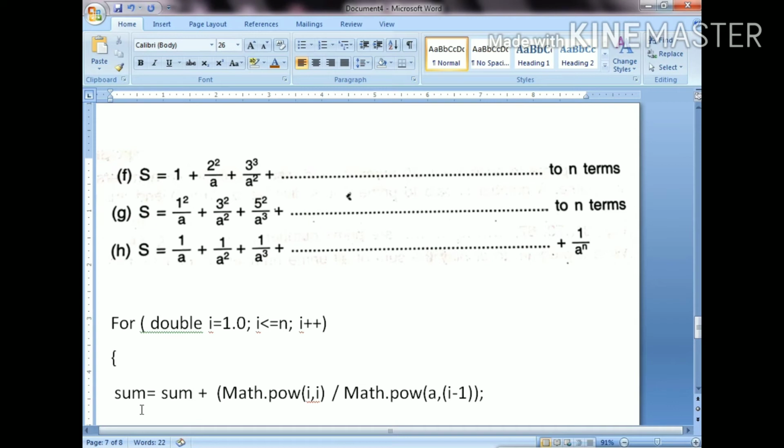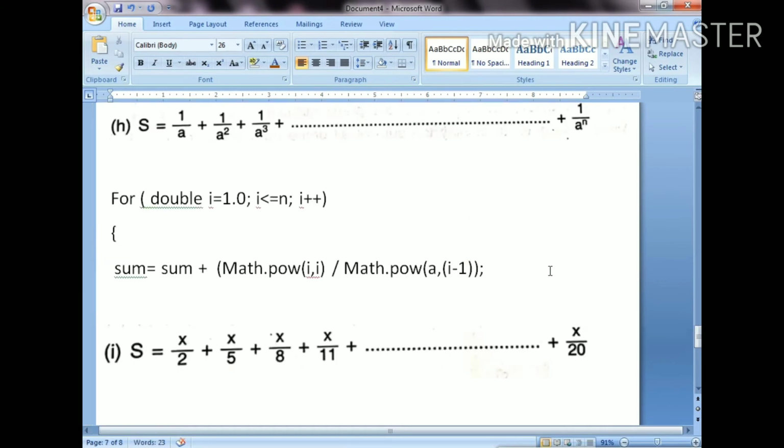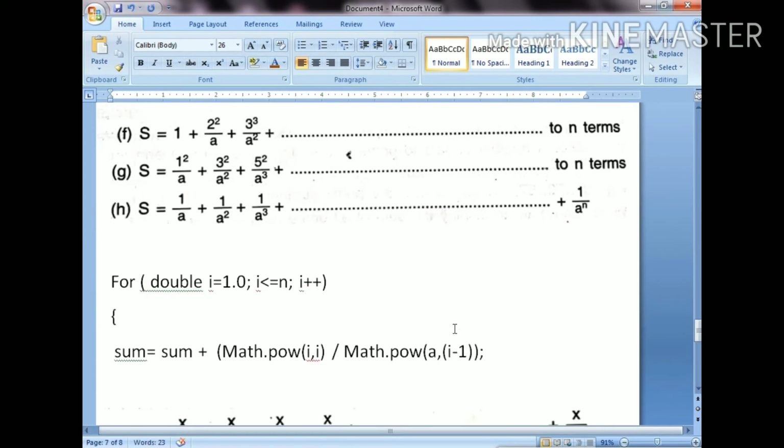When the value of I becomes 2, just see Math.pow(2, 2), that is 2 square, by a comma I minus 1, that is 2 minus 1, that is a power 1, that is only a. When the value of I is 3, Math.pow gives you 3 cube divided by a comma I minus 1, that is a square. That is the question number F.